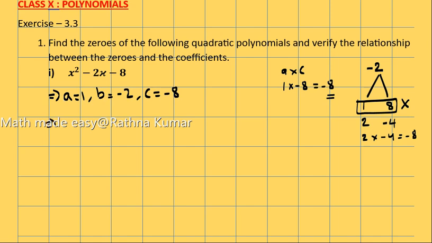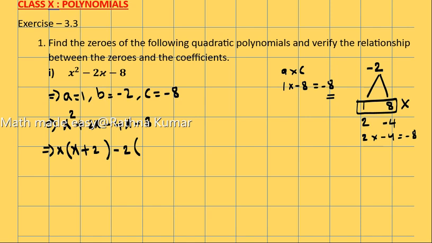So splitting this middle term, we get x square plus 2x minus 4x minus 8. Minus 2x is written as plus 2x minus 4x. Now from the first two terms we can take x as common, x plus 2.